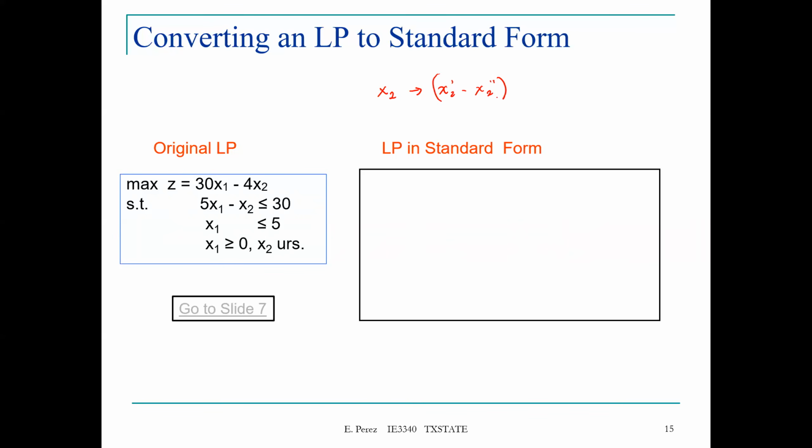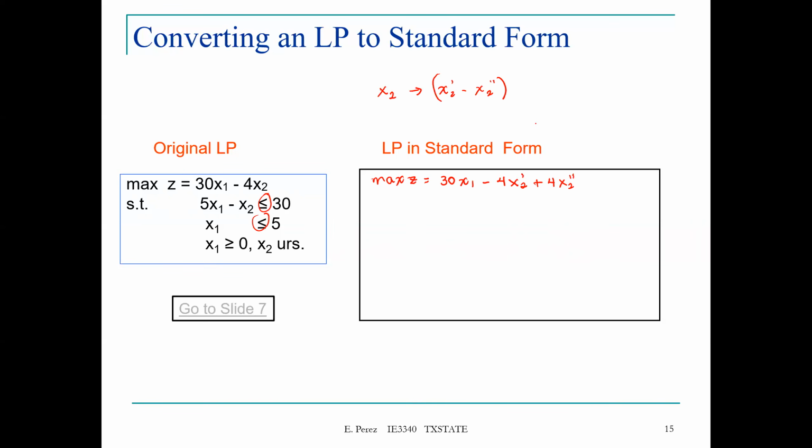So I'm going to substitute that into the LP, and then I'm going to also add the slack variables in this case, since these are inequalities less than or equal to something. So let's do that. We are going to maximize Z, which is equal to 30 x1 minus 4 x2 prime plus 4 x2 double prime.